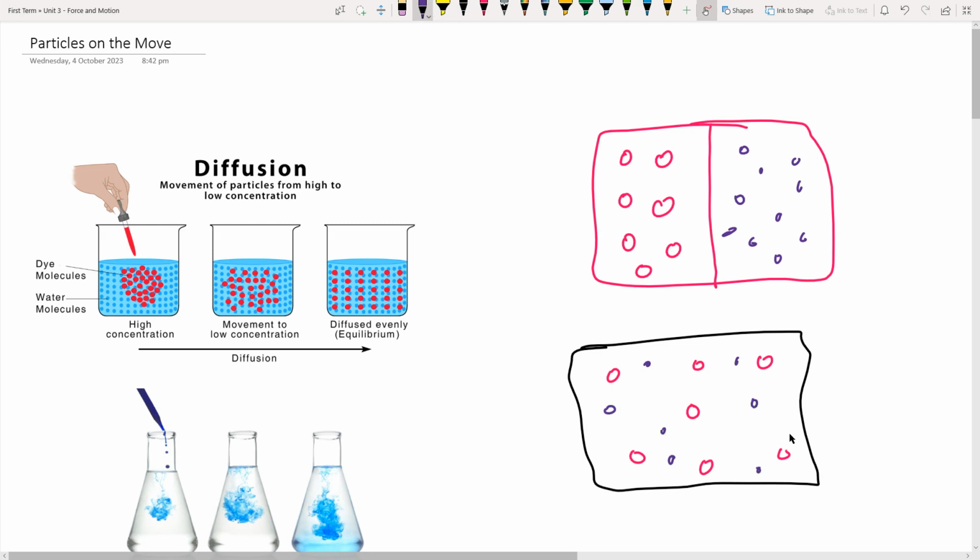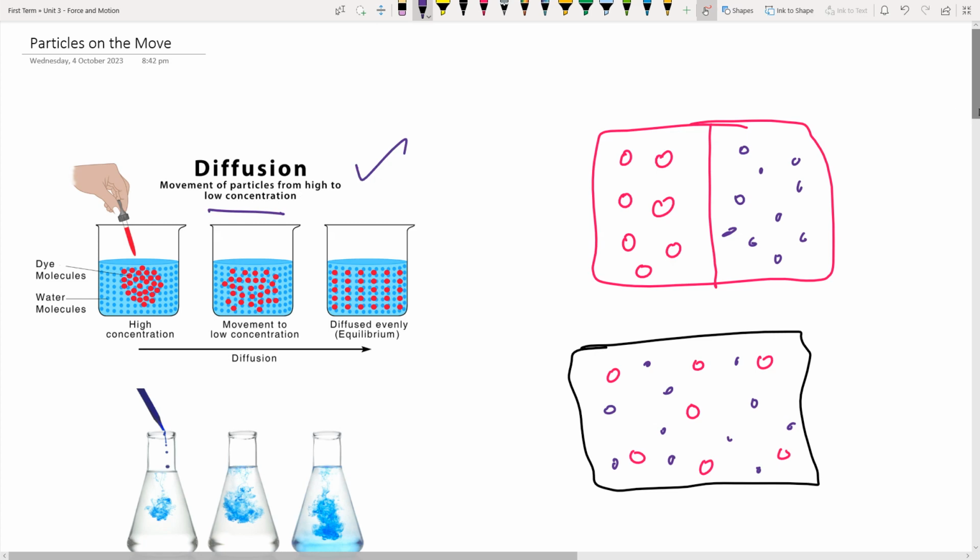This distribution of gas is called diffusion, and it happens from higher concentration, where there are more of the molecules at one point, outward into the places where there is low concentration. So the movement of particles from high to low concentration is called diffusion.